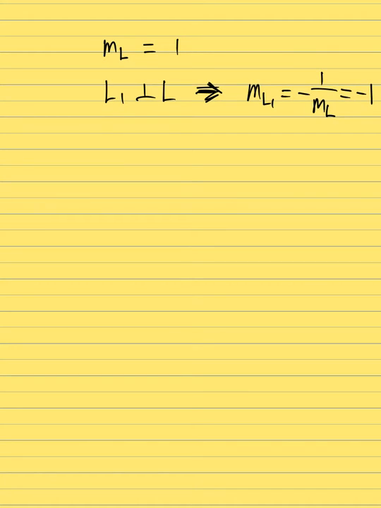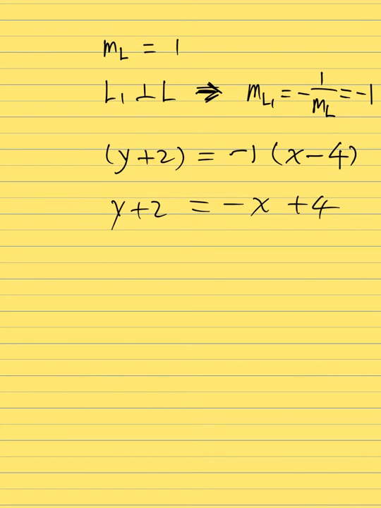And by point-slope form, y minus negative 2 equals the slope times (x minus 4), which means y plus 2 equals negative x plus 4. And therefore L1 is x plus y minus 2 equals 0.